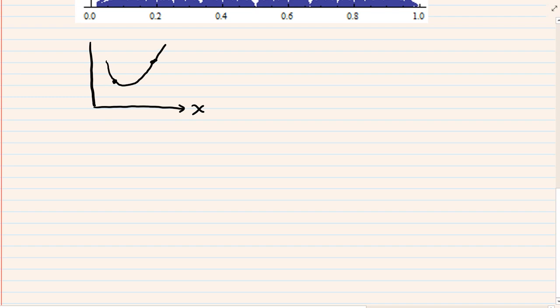I'm going to connect these 2 points together. Here's point P, that's point Q, and here's my line. The line L is called a secant line, which is essentially a line that connects 2 points on the graph of a function.